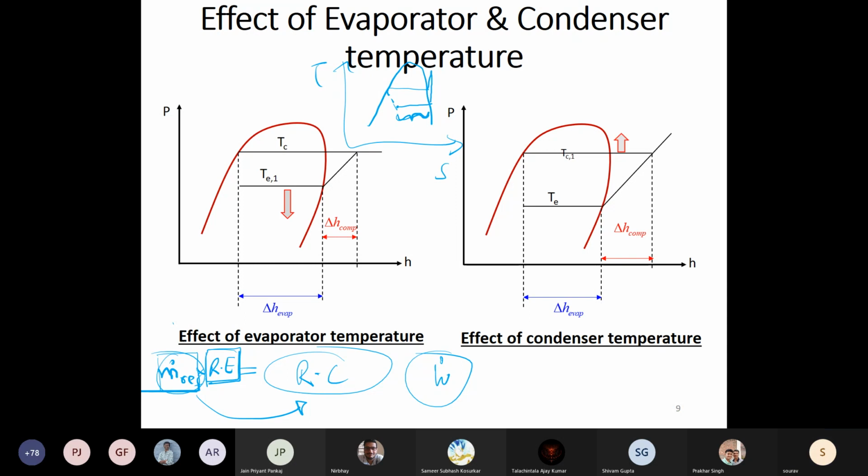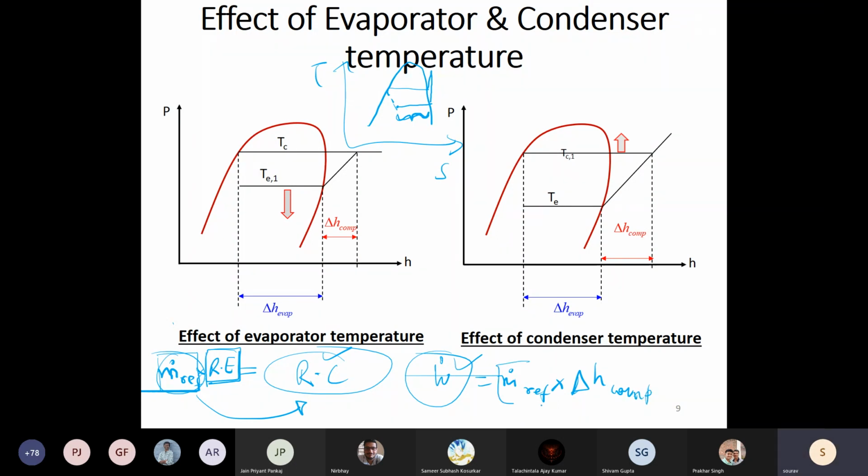We don't care. I can have two split ACs using two different refrigerants, yet giving the same refrigeration capacity. So ultimately as an end user, I just need refrigeration capacity as the information. I need the power consumed by the compressor. So again, power consumed by the compressor is m dot ref into the enthalpy difference across the compressor.